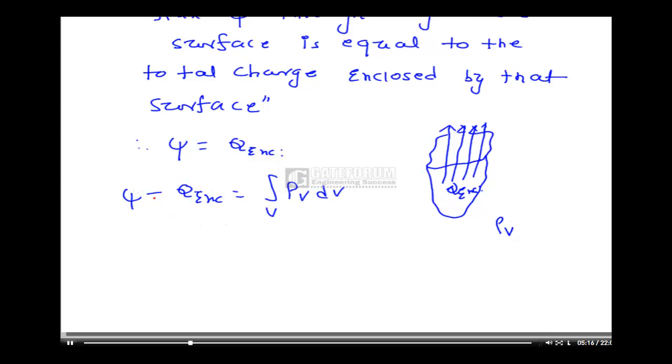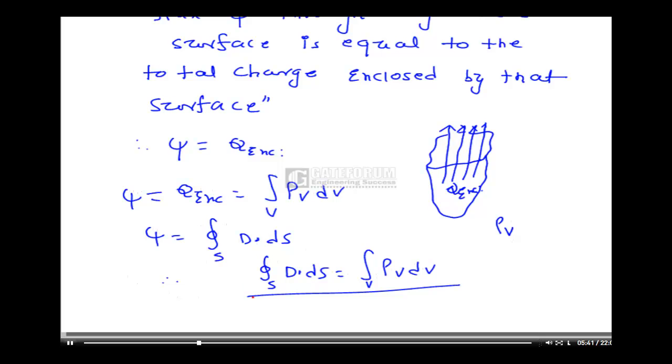But psi, the total flux, is the integration over the closed surface of D dot dS, where D is the electric flux density, so that I can relate these two. Therefore the integral over S of D dot dS is equal to the integral over V of rho v dV. But we already discussed the divergence theorem.